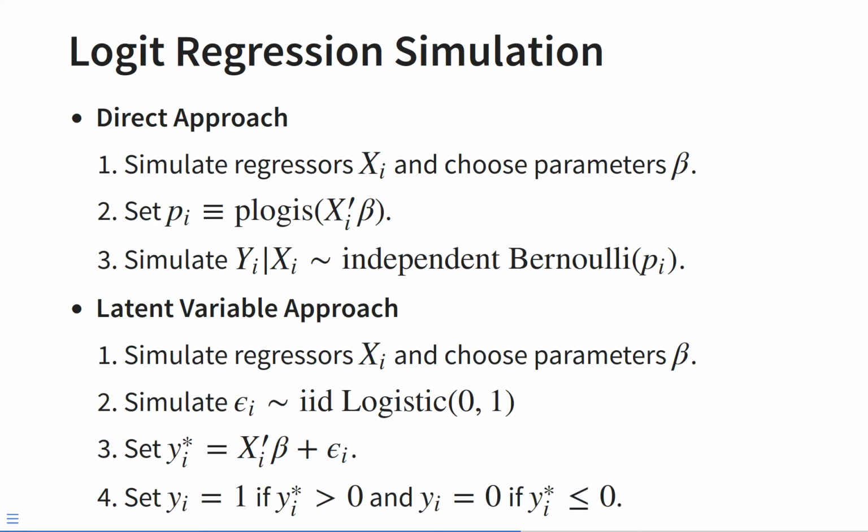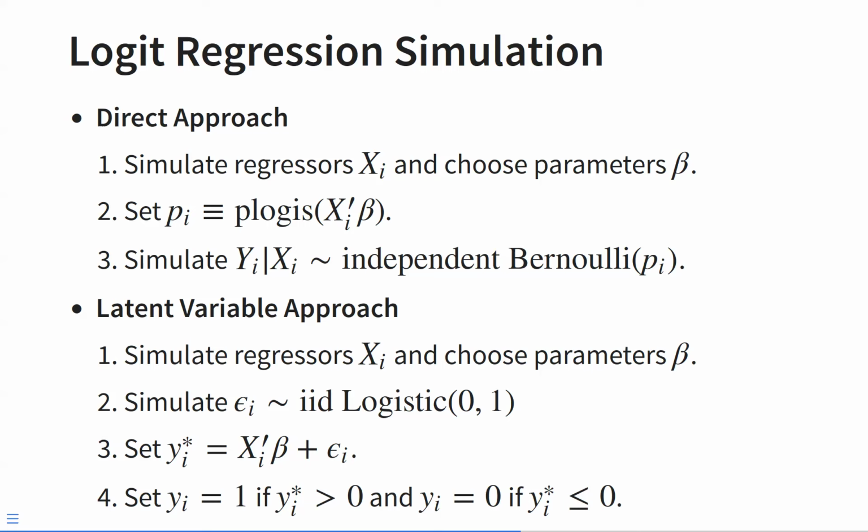Then we simulate yi star, which is also a latent variable. We can't see it, so that's why I put a star on it, as xi prime beta plus epsilon i. So in this simulation, steps 1, 2, 3 look exactly like how we would simulate from a standard linear regression model. So where does the logistic thing come in?